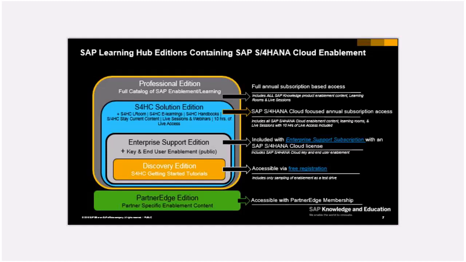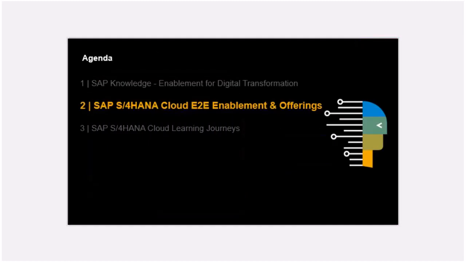Now, in a nutshell, what do we have for you? We have 9 learning journeys centered around S/4HANA Cloud. The best way to get to your learning journeys is through the Learning Hub, and there's the left navigation, the drop-down, and just select Learning Journeys. And then in the filter, just type S/4HANA Cloud. You will see all the journeys related to S/4HANA Cloud. We have key user and end user enablement tutorials.